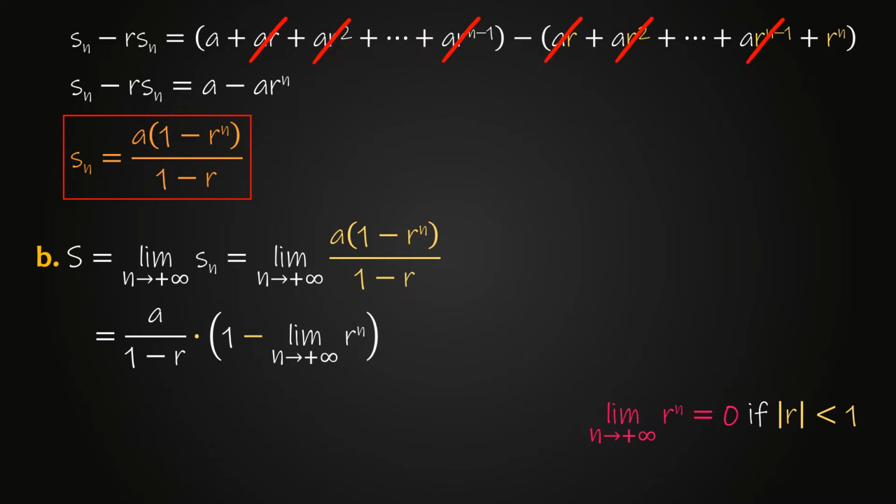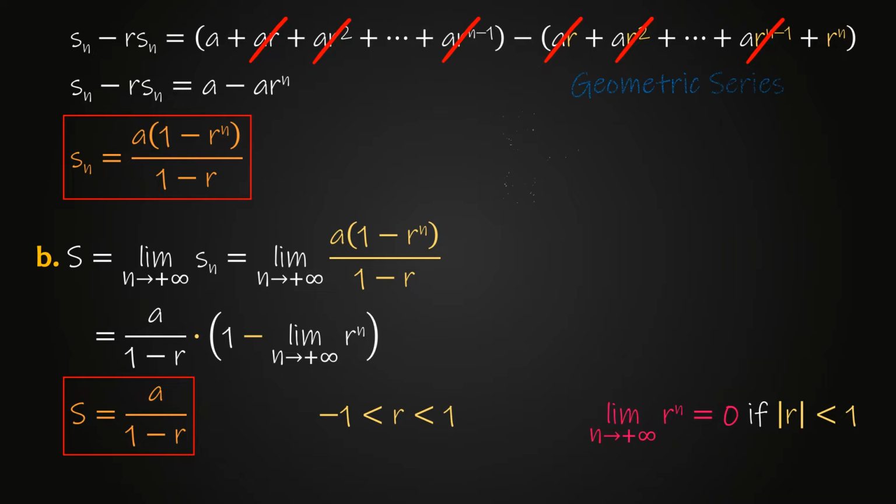Which means the series has a sum only when the base satisfies this inequality. Therefore, the sum of the series is given by this formula. These formulas for partial sum and sum of the series apply to geometric series.